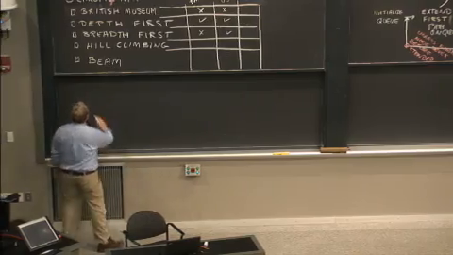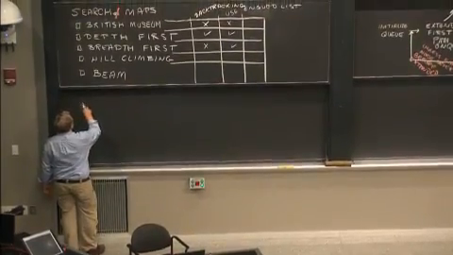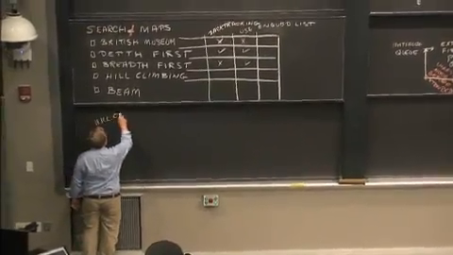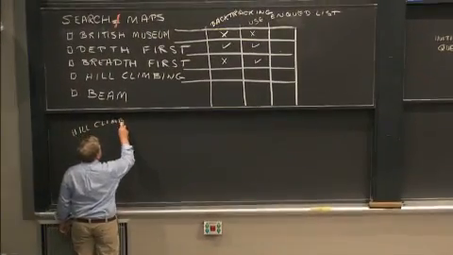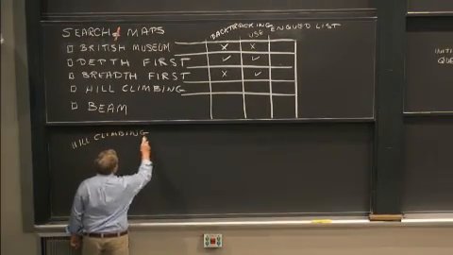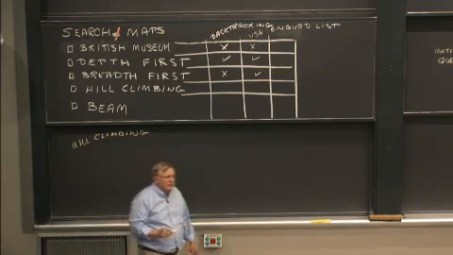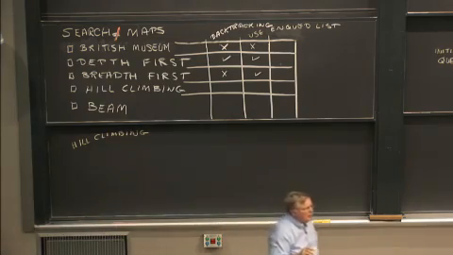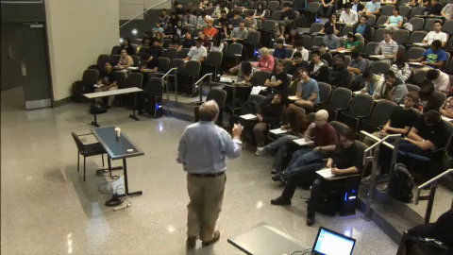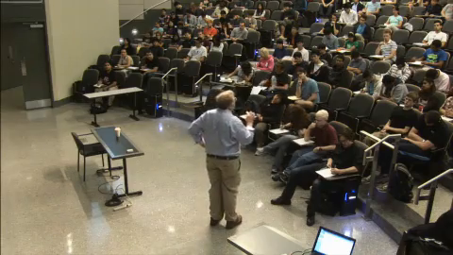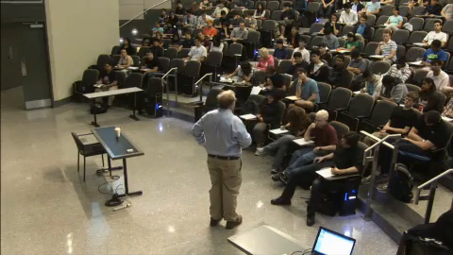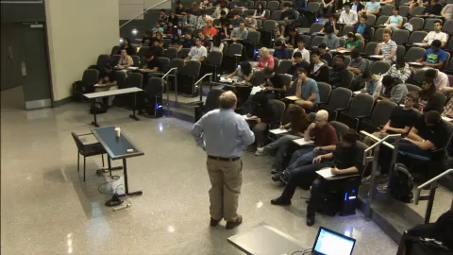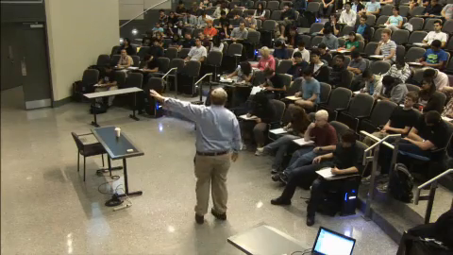which goes by the name of hill climbing. And it's just like depth first search, except that instead of using lexical order to break ties, we're going to break ties according to which node is closer to the goal. All right? Now, I went to some trouble to talk to you about this in queued list.